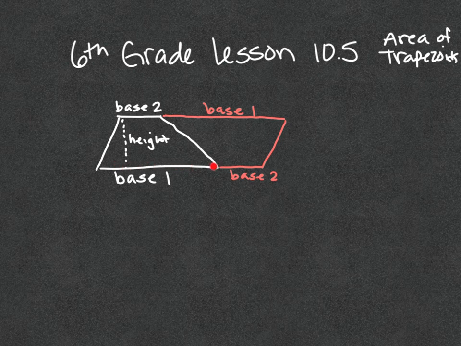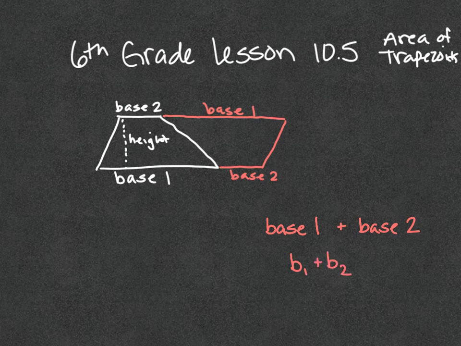We have this base 1 and this flipped version over here, the base 2, added together give us the whole base of the parallelogram. So the first thing we did is we added together base 1 and base 2 to get a whole base for the whole parallelogram, right? So let's go ahead and write that as base 1 plus base 2.